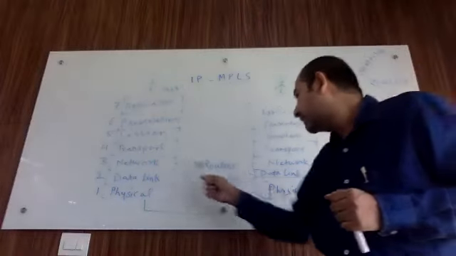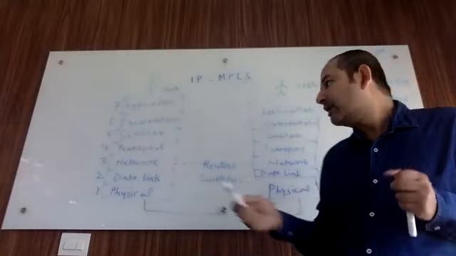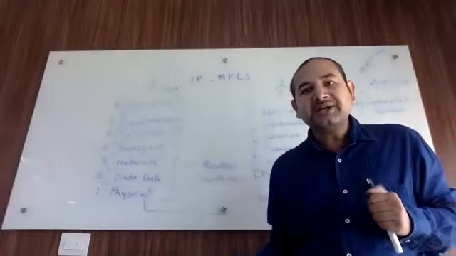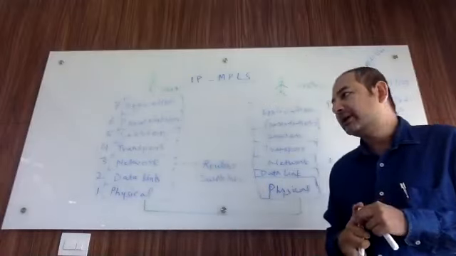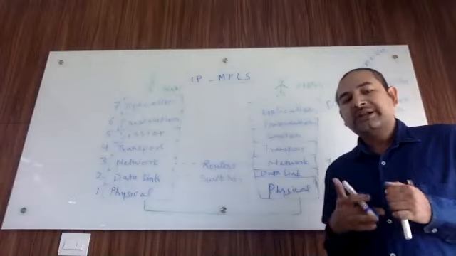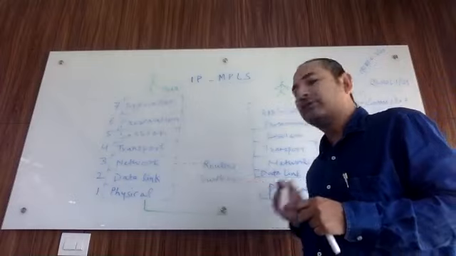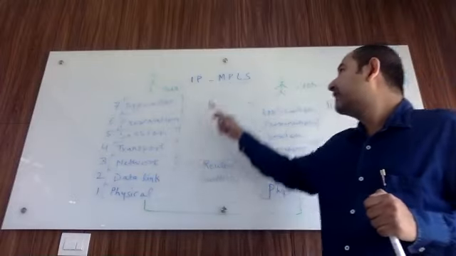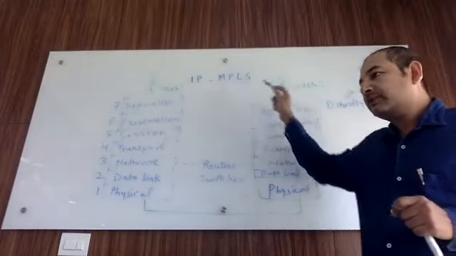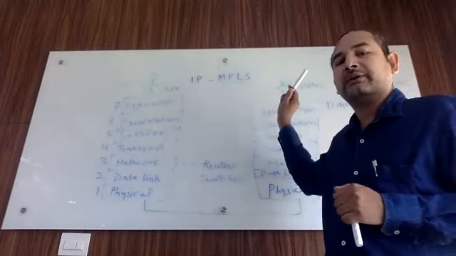Switching at the data link layer is faster but complex to debug. IP is very convenient but a bit slower than switching. So we designed a technology which would make use of the good points of both layer 2 and layer 3, and we termed it MPLS. MPLS stands for multi-protocol label switching.